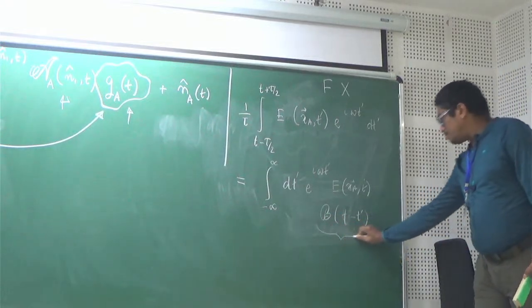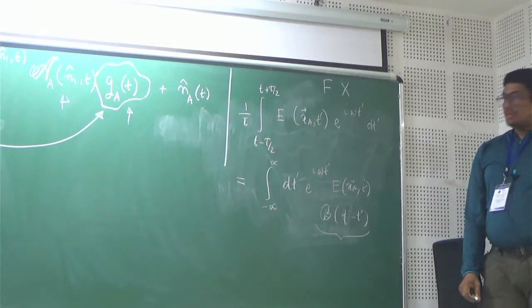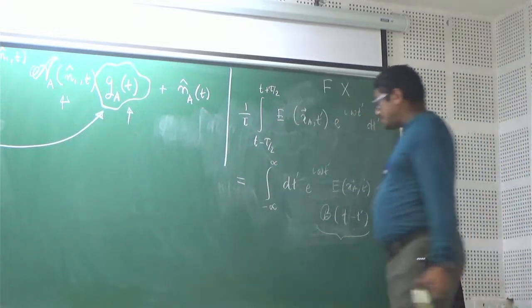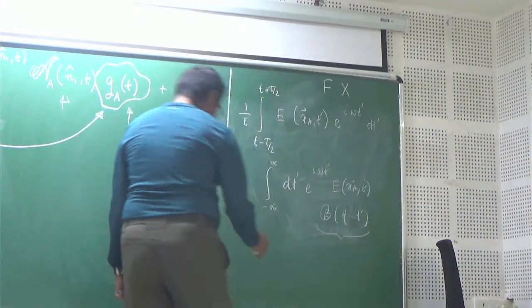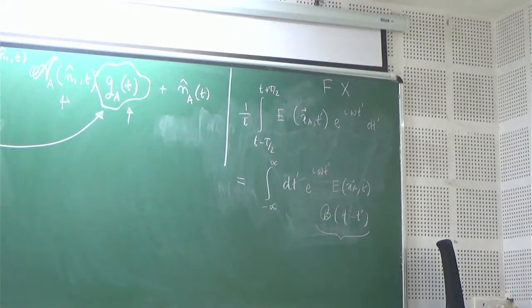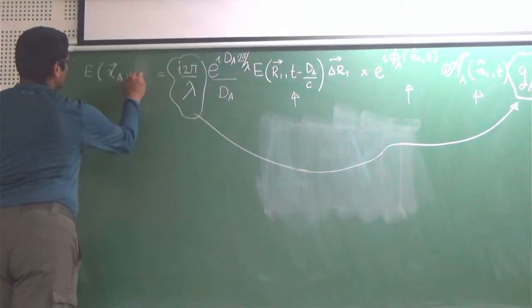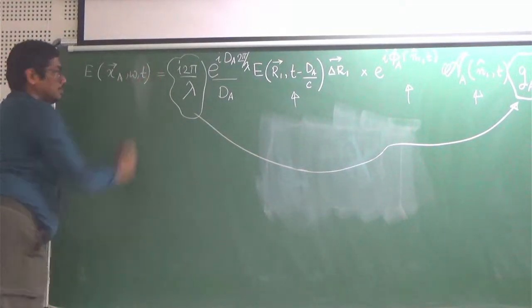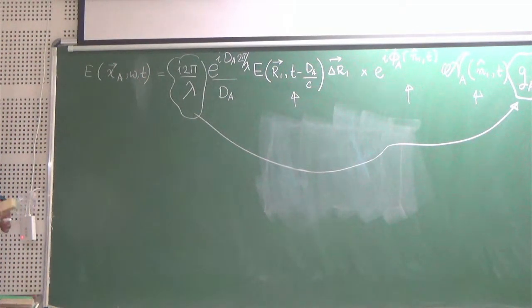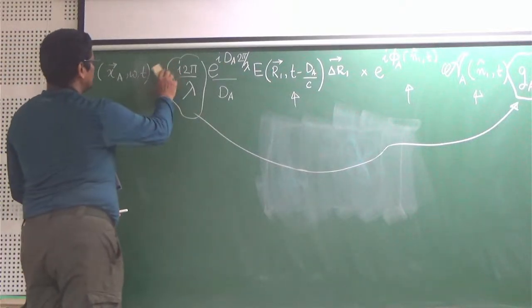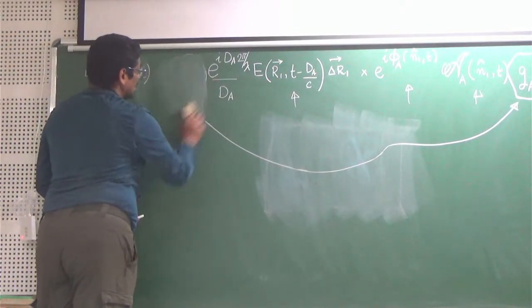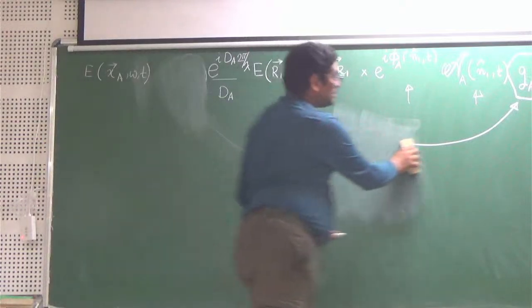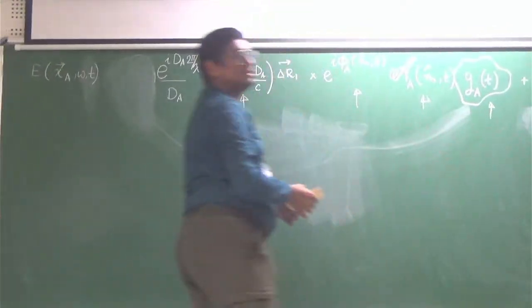This is called a bandpass filter. And now if I write this entire signal in terms of electric fields, now I have to put in both omega and T here. Let's see how it will look. This entire thing I have written already as GAT.